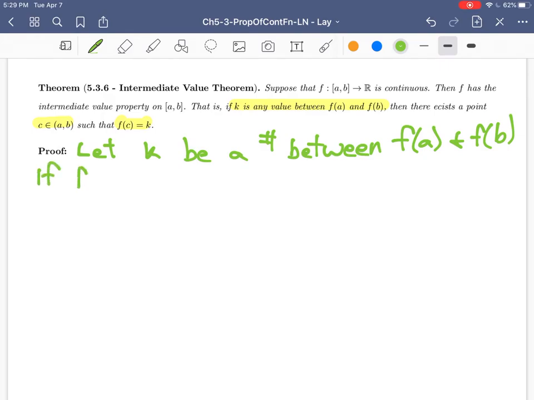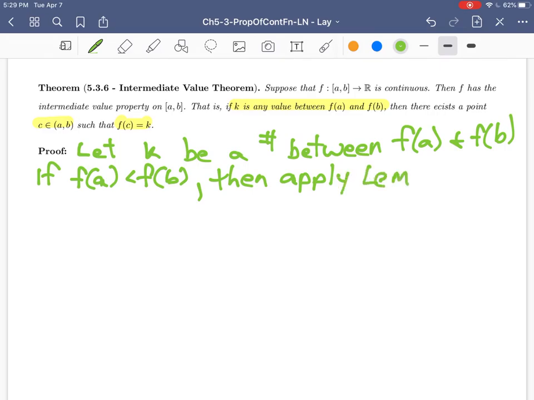If f of a is less than f of b, then we can apply Lemma 5.3.5.